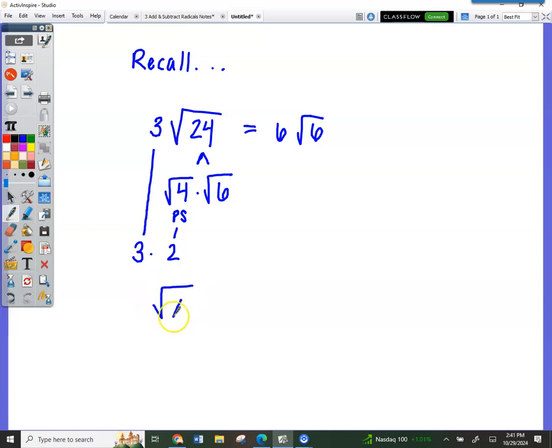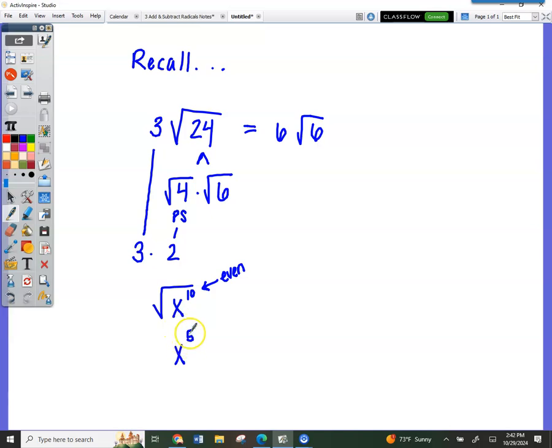Now let's refresh you on variables. When it's the square root of a variable to an even number, let's do 10, when it's an even exponent, that means it's perfect. What is the square root of x to the 10th? X to the 5th.